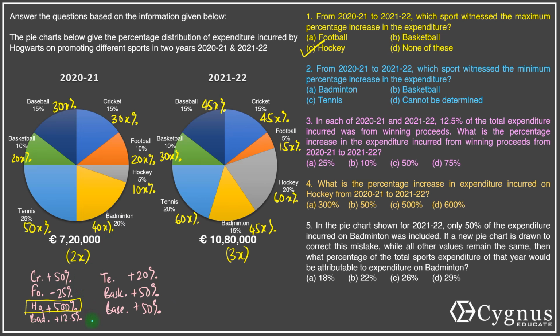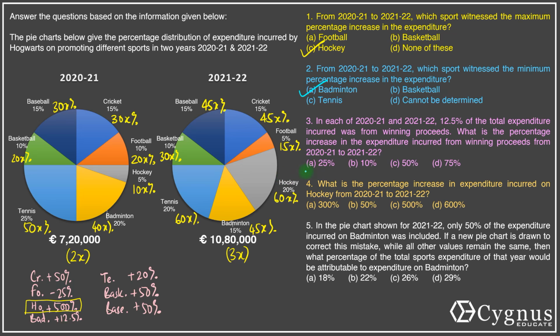Now you may get confused whether I should mark football as my answer or badminton. Let's read the question again. Which sport witnessed the minimum percentage increase in expenditure? So are they asking about percentage decrease at all? No. So the minimum percentage increase is in badminton, and therefore the correct answer will be badminton.